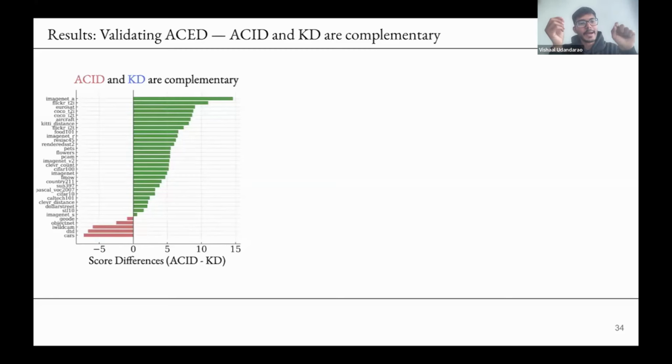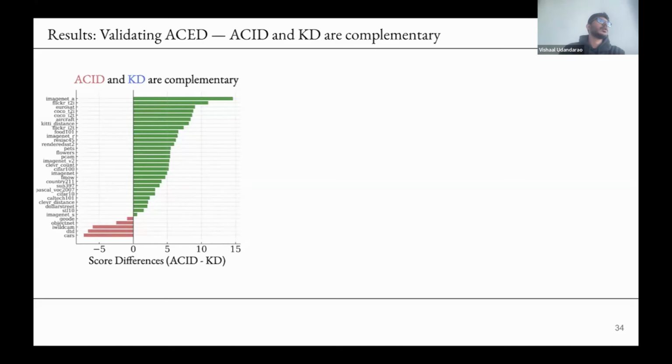If you do a comparison between ACID and KD across all of the data sets that we explored, we do see that while on average, on most data sets, our ACID method improves over KD, there are a few data sets that KD actually does improve over. And that's what I'm showing you on the x-axis here, which is the score difference, right?